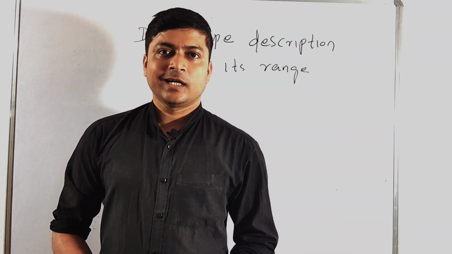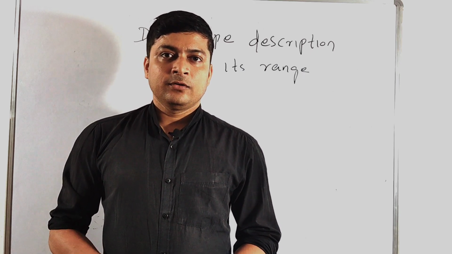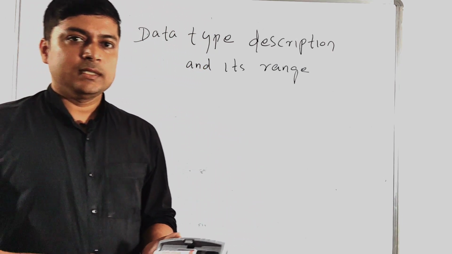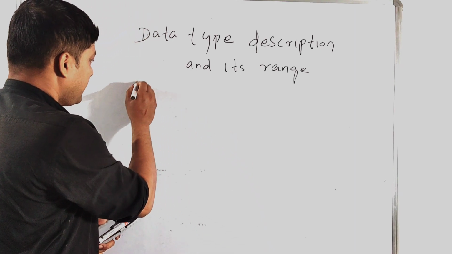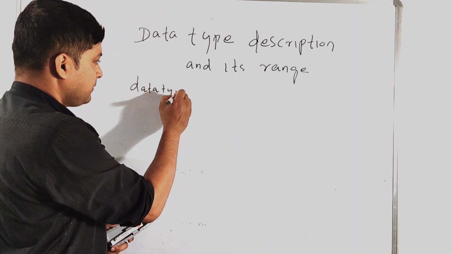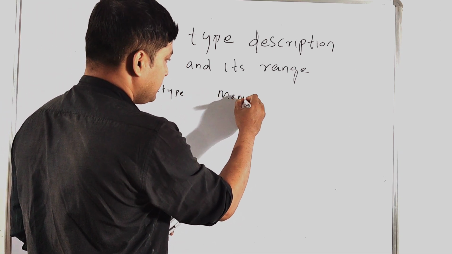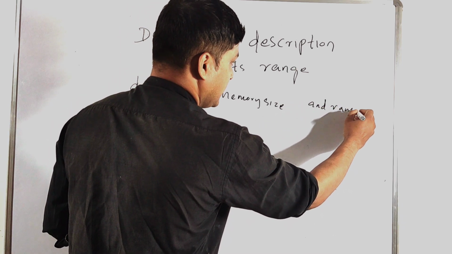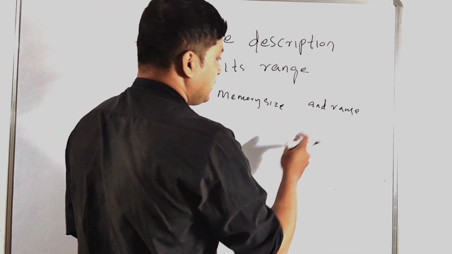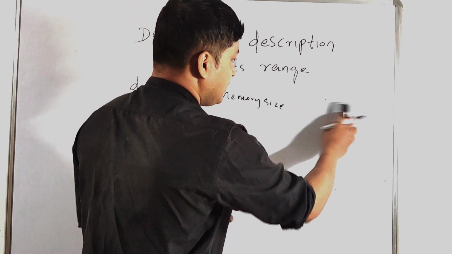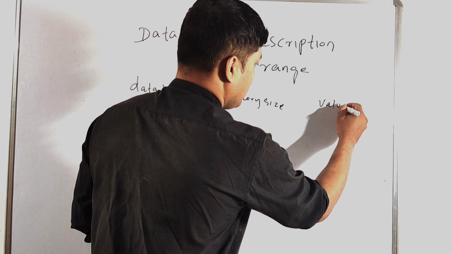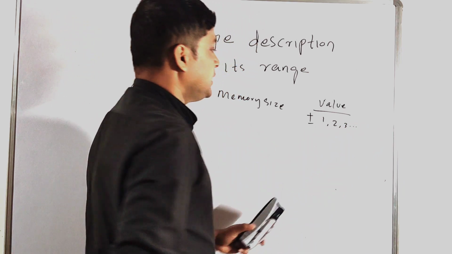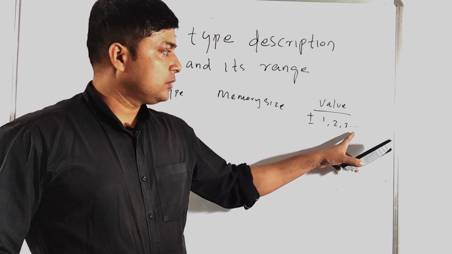Today's video we will learn data type description and its range. In video 2 we already discussed what a data type is and how it works, and one point written there on data type was memory size and range, which we will learn now. In memory size and value, we know that plus minus 1 2 3 dot is written. The dot does not mean it is infinite.